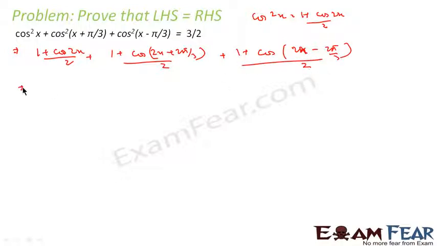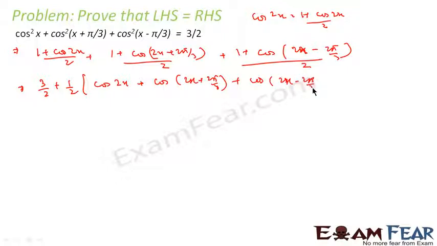So what we got is 1 by 2, 1 by 2, 1 by 2. We have got 3 by 2 plus 1 by 2 into cos of 2x plus cos of 2x plus 2 pi by 3 plus cos of 2x minus 2 pi by 3.